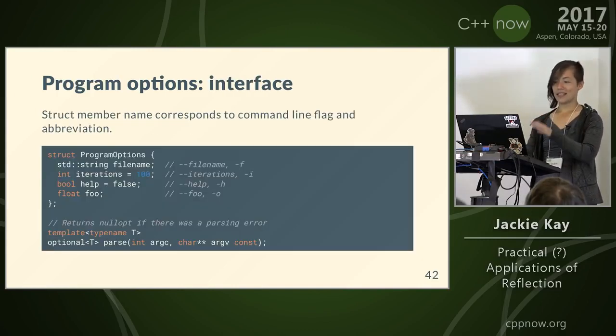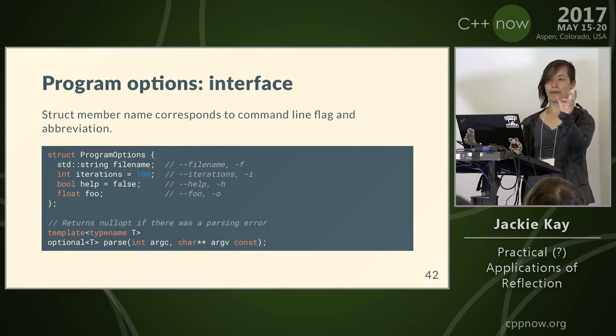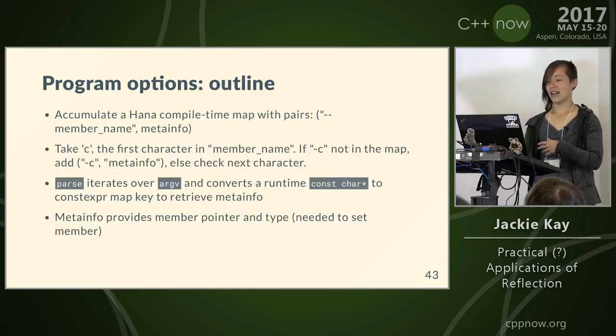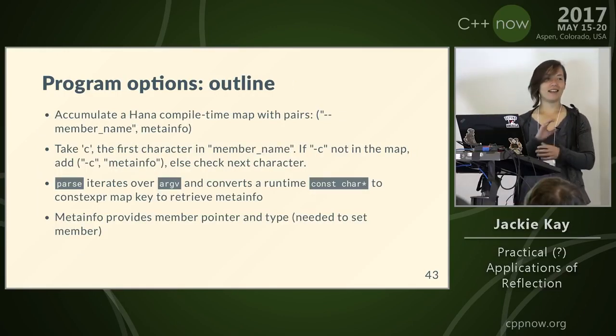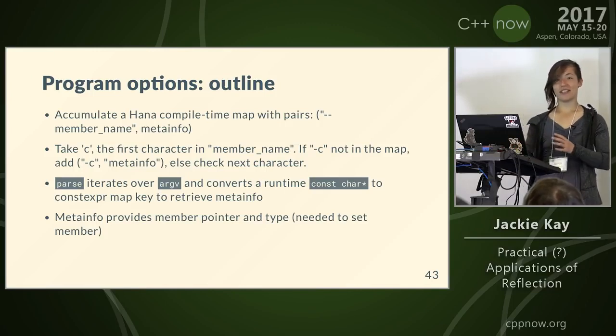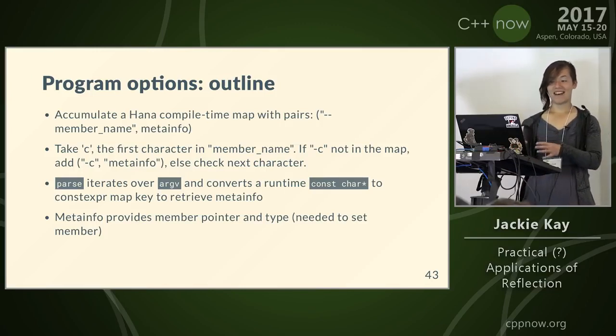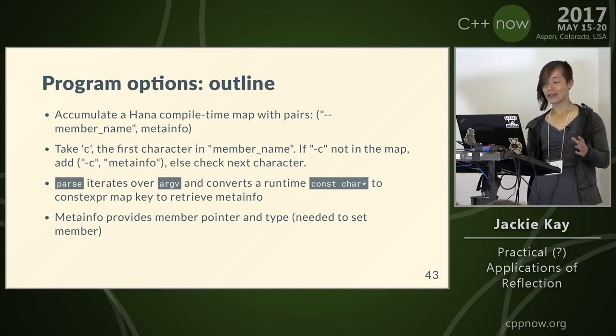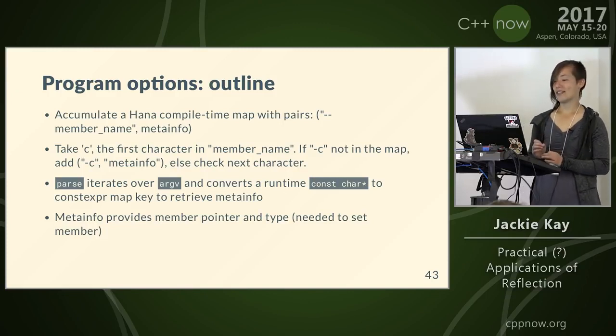As a really simple example, we're going to select the next character if we find a collision in the map, if the short flag has already been taken. If we can't do that, for now we just say, I couldn't think of a clever way to arrange your flags, so static_assert. If I were to spend more time on this and have people actually use it, there should be a customization point for custom flags, of course, and also for help. But this is the bare bones of super minimal program options.